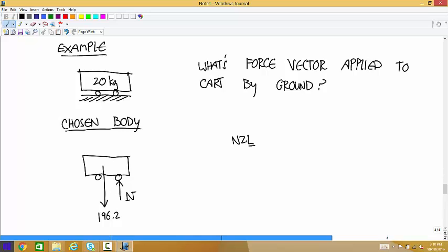And now Newton's second law says, if we use this usual coordinate system, the force applied by gravity is 0, negative 196.2. That normal force is in the positive y direction, so that's 0, n.